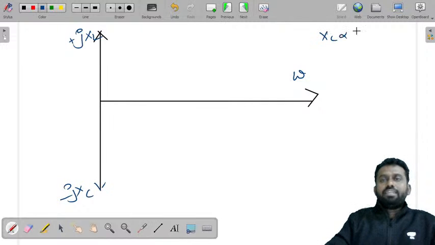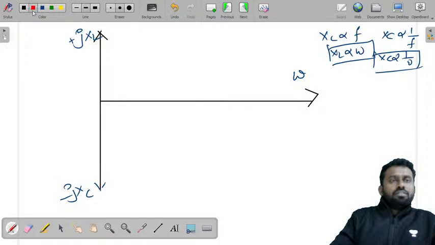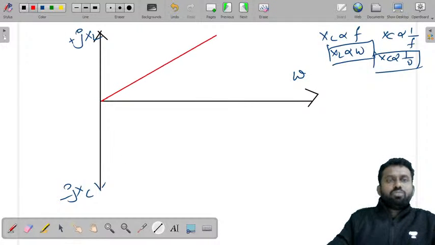Now we know XL is proportional to f or omega, and XC is proportional to 1 by f or 1 by omega. So can I draw this way?